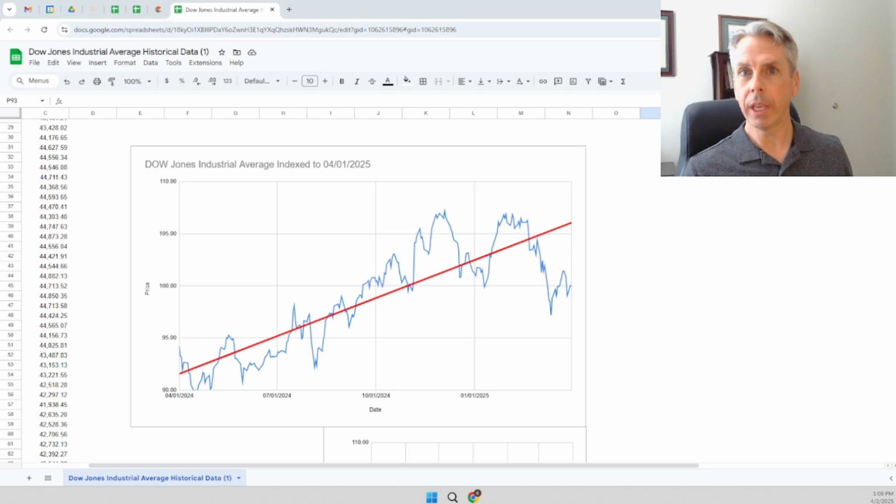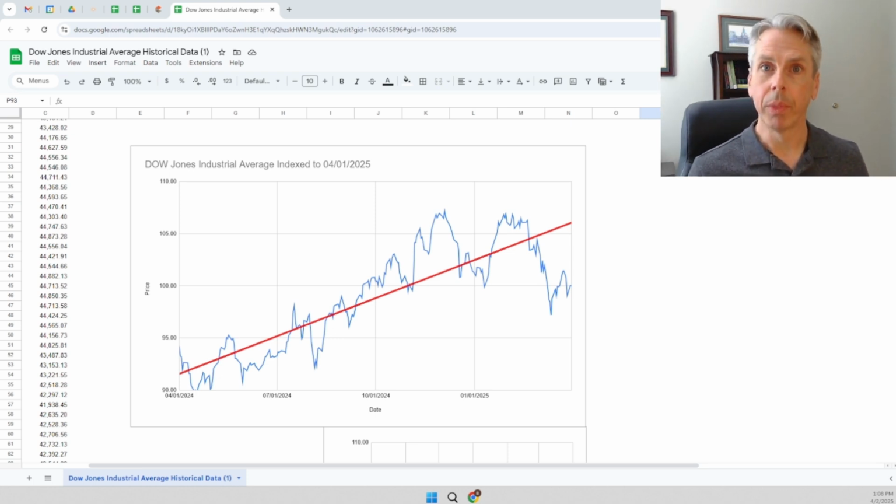So what you're looking at right now is a chart that I created from the Dow Jones. I downloaded a data set and decided to take a look at a few things. So when we're looking at the Dow, if we're applying a linear regression line, this is the last year, and what I've done is I've indexed it to 100. 100 being today.